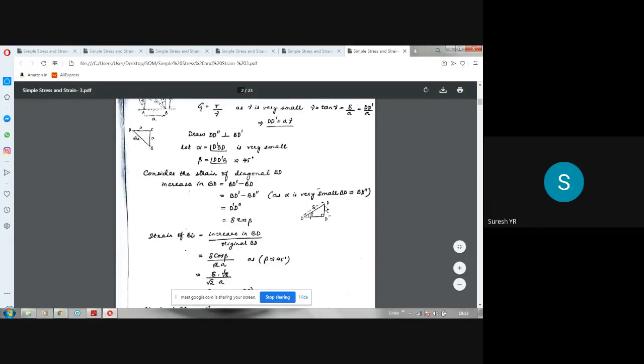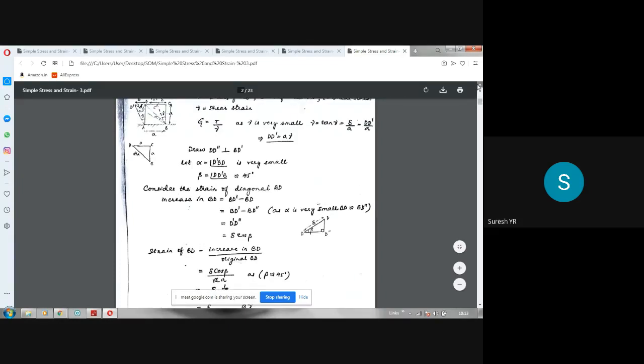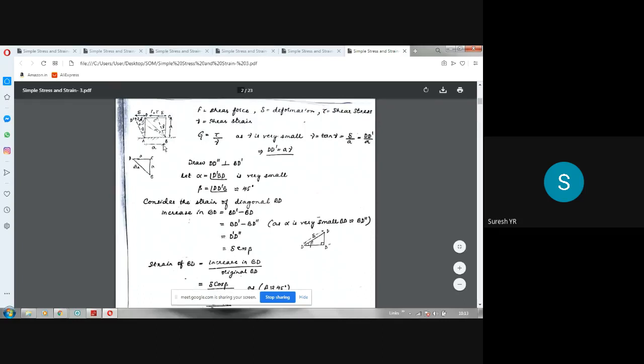So as alpha is very small, BD is nearly equal to BD dash, BD double dash. So BD dash minus BD double dash is your increase in BD. That is nothing but D dash D double dash, which is taken as the increase in the length of BD.